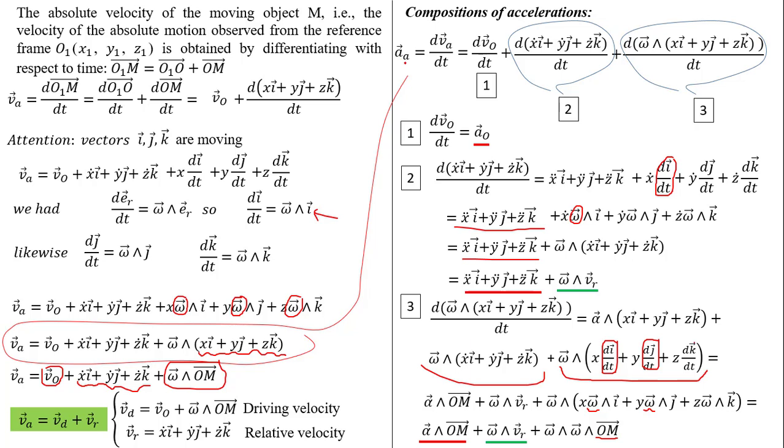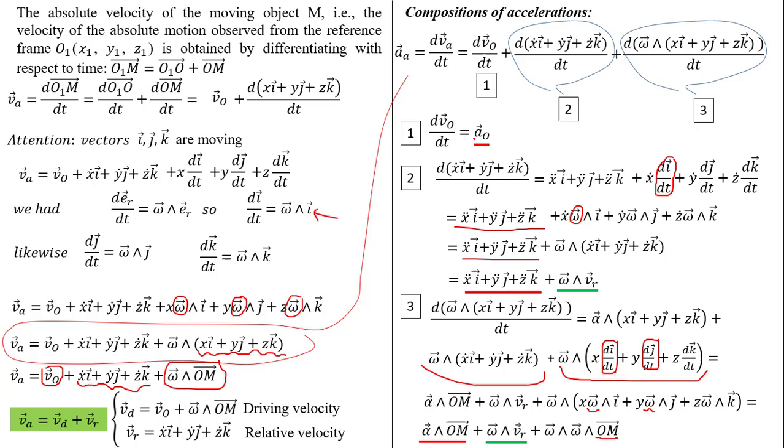If we put all the terms together in the expression of a, the absolute acceleration, so in 1 we will have a0, and for 2 we will have x double dot i plus y double dot j plus z double dot k plus omega cross Vr. And in the third one, we will have alpha cross OM plus omega cross Vr plus omega cross OM.